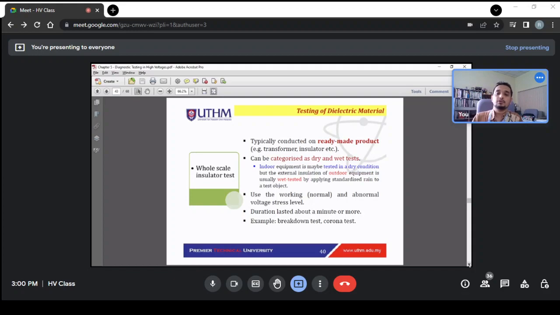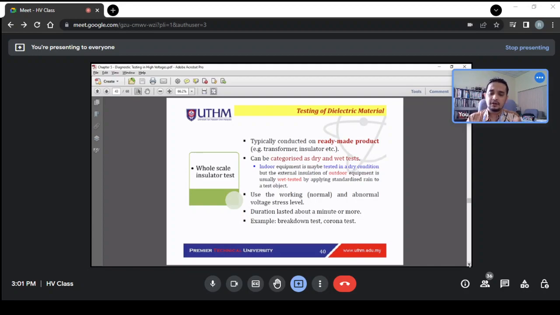Okay, whole scale test. A whole scale insulator test means that we perform the testing on a full scale insulator sample, a ready-made product. So after it has been successfully manufactured, we have one whole unit, and then we test it as a whole unit. That's why we call it a whole scale test.